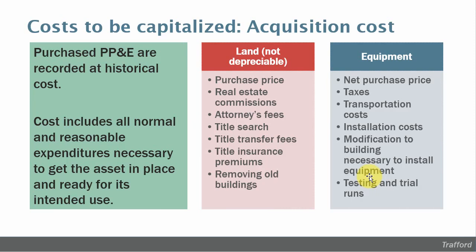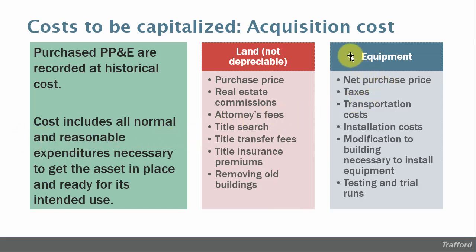At what amount do we originally record these types of assets on our balance sheet? In general, we record them at the amount we gave up to acquire the asset, which we call historical cost. More specifically, we need to include all of the normal and reasonable expenditures that we incurred to get that asset up and ready to use for the first time.